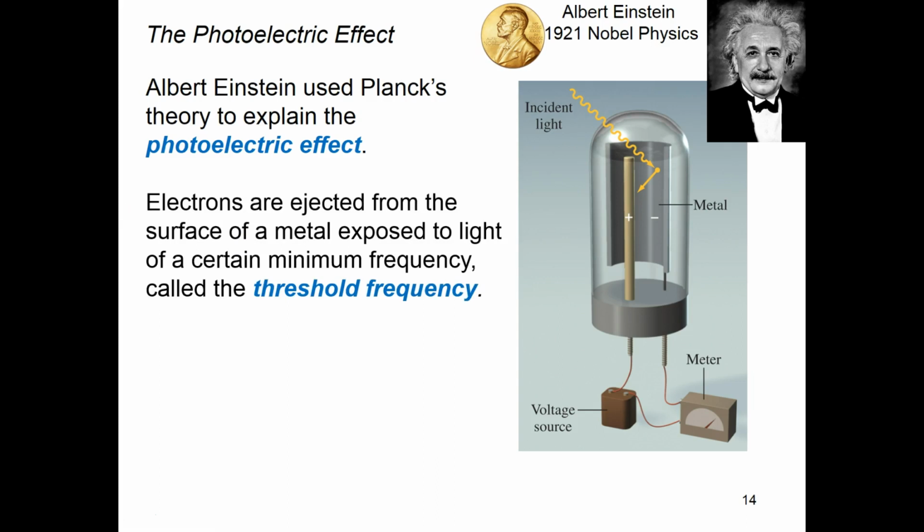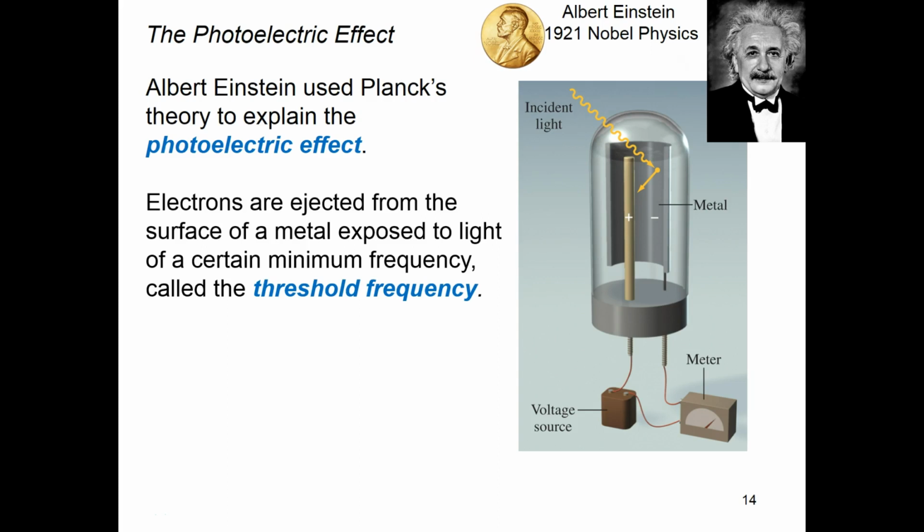The electrons are ejected from the surface of the metal as long as it's above a certain frequency, what we call the threshold frequency. You can shine as intense a light as you want, with as many photons, but if it's not the right energy, nothing's going to happen.